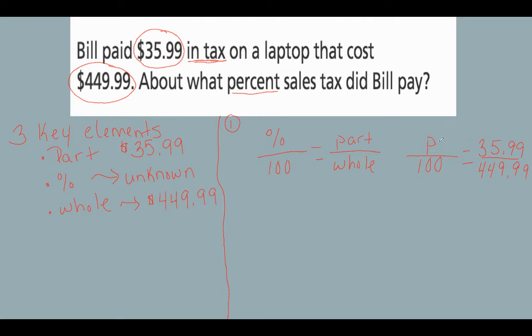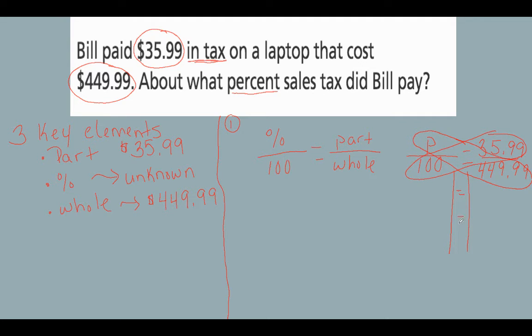Now here is where sometimes it gets a little bit tricky. This is where we do our cross multiplication, or as I like to call it, the palm tree method, because I make it look like a palm tree. I'm going to literally cross multiply. Look, I make it into a cute little palm tree.